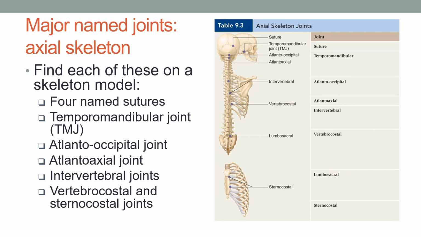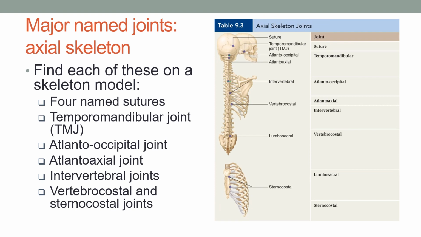There's a temporomandibular joint, up here where the temporal bone and the mandible form a joint. TMJ syndrome is a very common problem that people get if they grind their teeth a lot. There's an atlanto-occipital joint and an atlanto-axial joint. There are about 20 intervertebral joints.